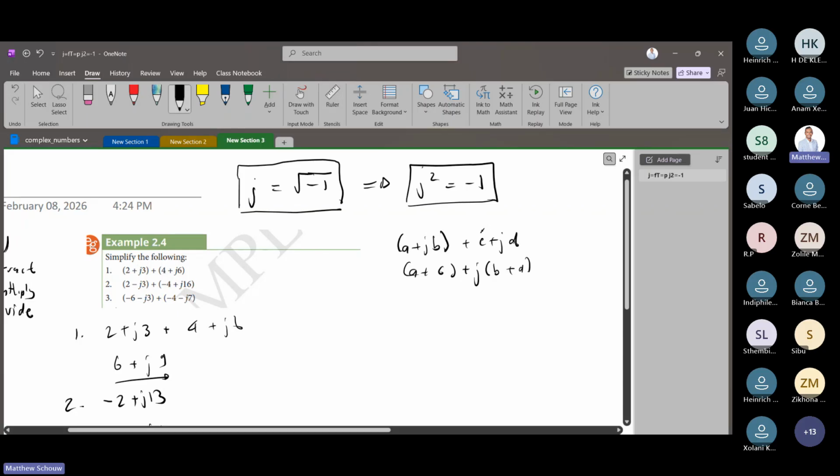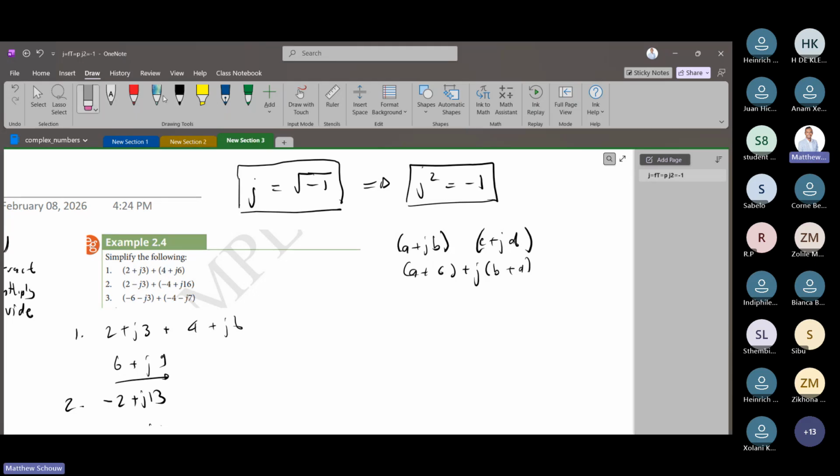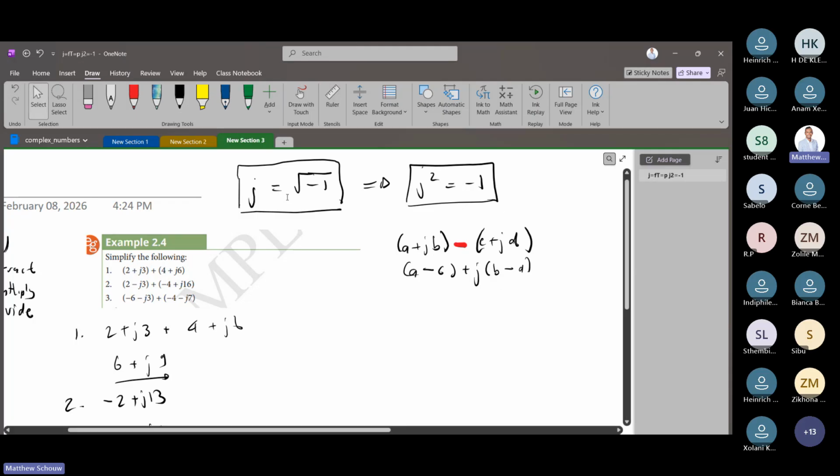In general terms, here now is a negative, but we do exactly the same thing. We're going to say a minus c, and then b minus d. So that's basically it. But the only challenge sometimes is that this could be a negative, so you're going to have to always say negative times a negative, which becomes a positive.